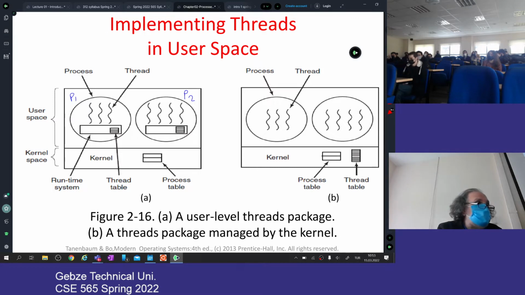I am doing my scheduling myself. This is even more flexible. Otherwise, I do whatever the kernel tells me to. The kernel says now you are going to run, now you are going to run, and so on. I don't have much control over that. But if I am scheduling everything inside my thread table, then that's much more flexible than the other ways.